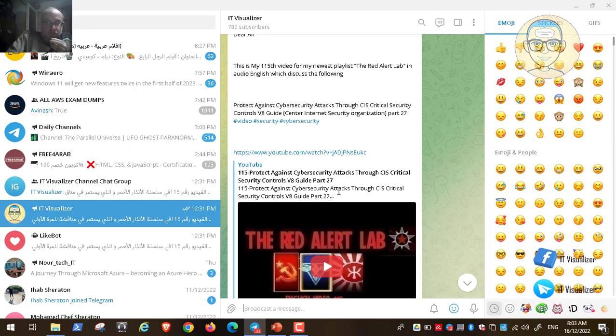This documentation was published by the Center for Internet Security, a non-profit organization that publishes documentation concerning security, especially securing different operating systems, applications, and network structures.